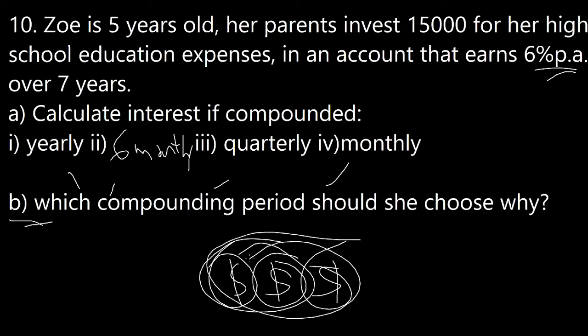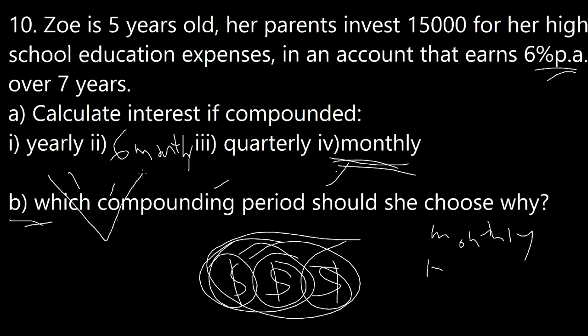In this case, the smallest period is monthly, because every month you get a little amount of interest, and then the next month they have to pay interest on the original amount plus the interest that's already been paid. So we know the answer to question B already.